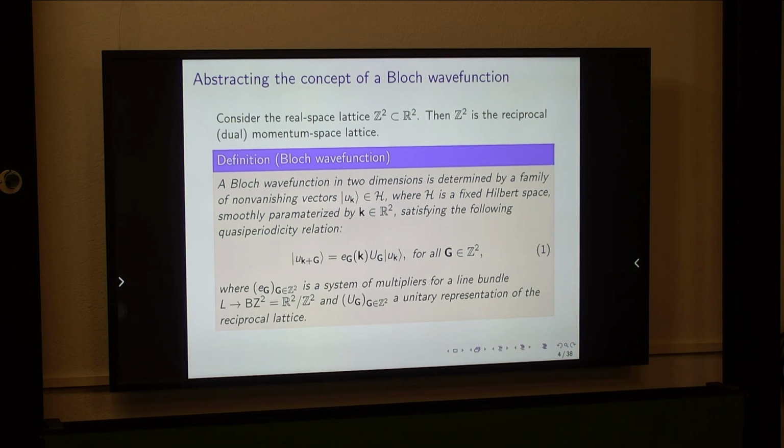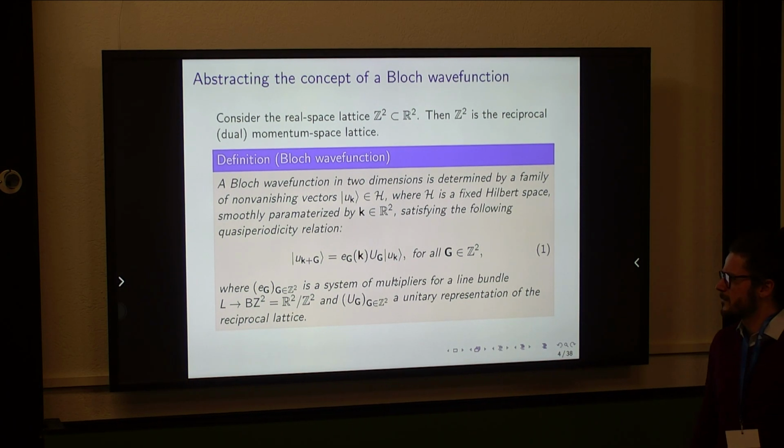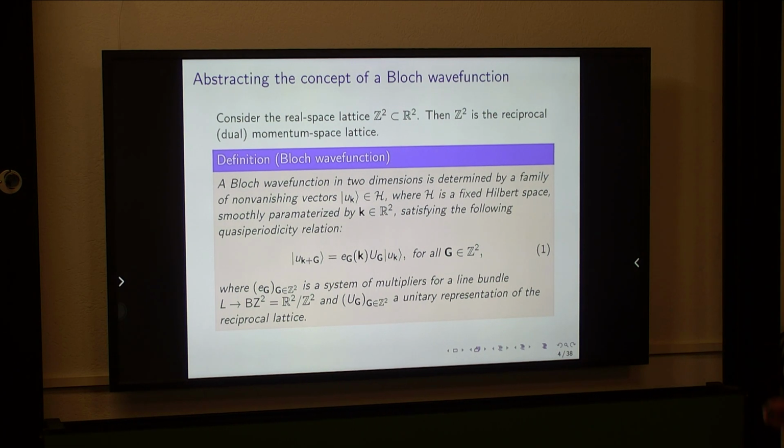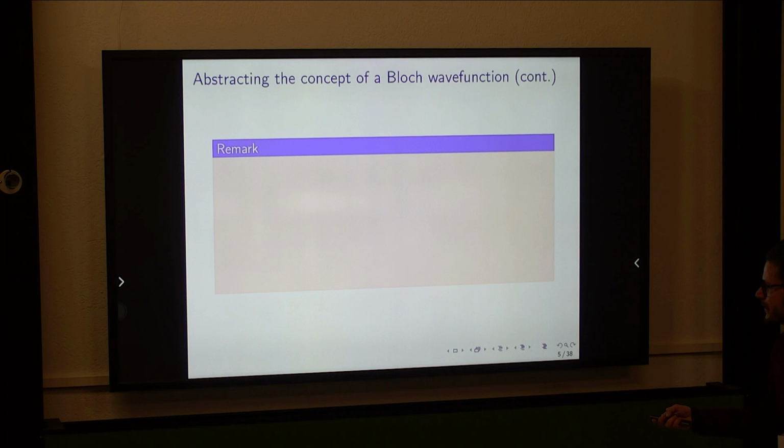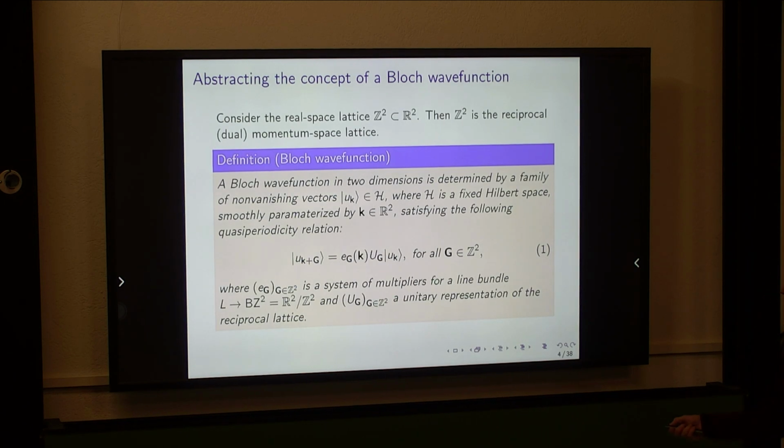And I will demand that these e_G(k), as you consider the whole family of them over the reciprocal lattice, form a system of multipliers for a line bundle L over the Brillouin zone. And this U_G is a unitary representation of the reciprocal lattice.